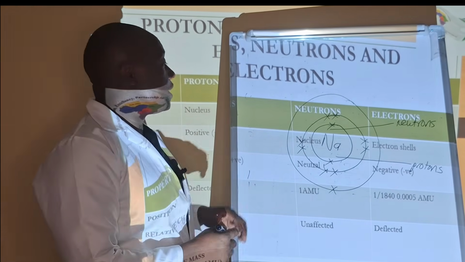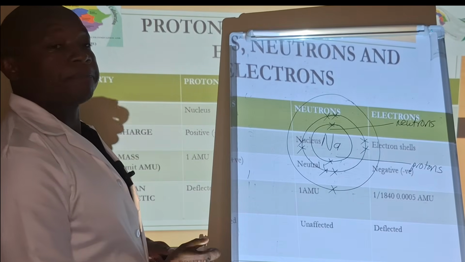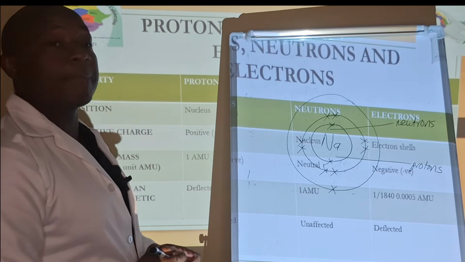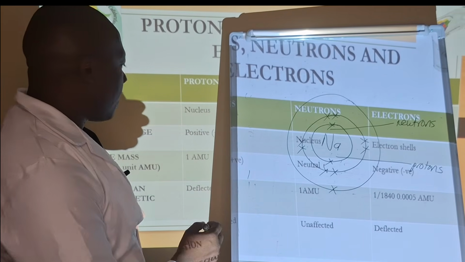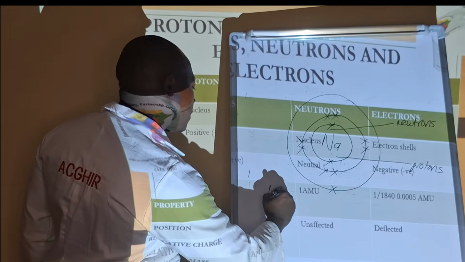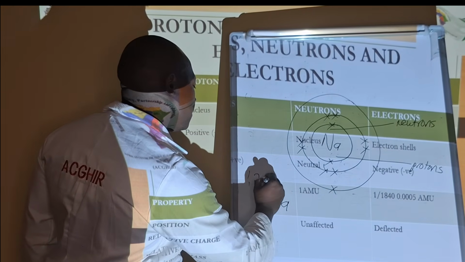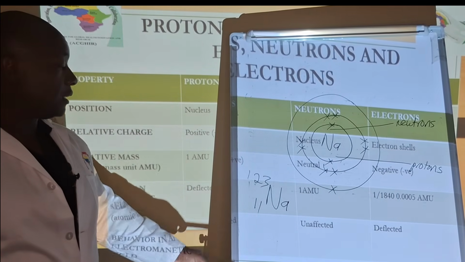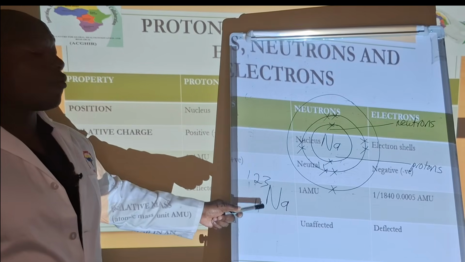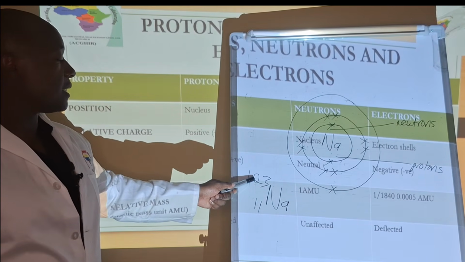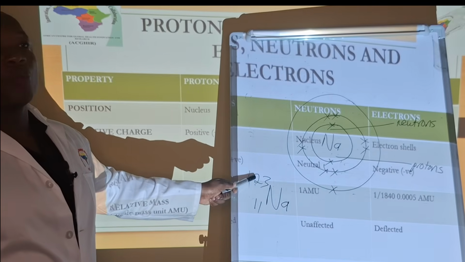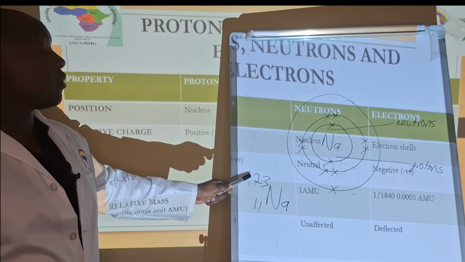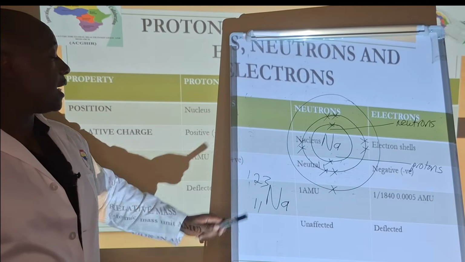We now need to represent our sodium in terms of its atomic number and mass number. If we look in our periodic table, we see that sodium is written as Na with 23 at the top and 11 at the bottom. In this notation, the 11 at the bottom represents the number of protons, whereas the 23 on top represents the mass number. The mass number is also called the nucleon number, which is the sum of the protons and the neutrons.